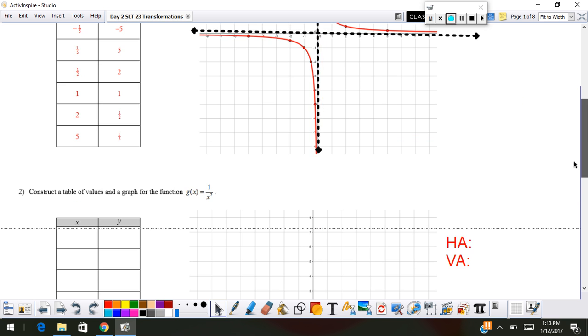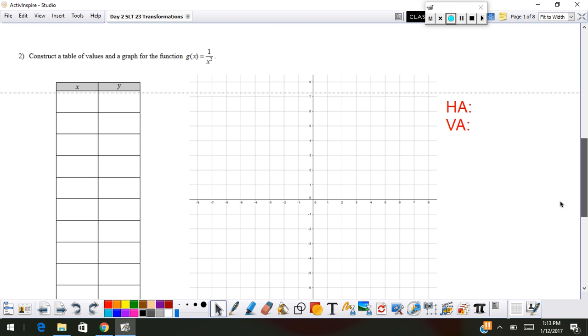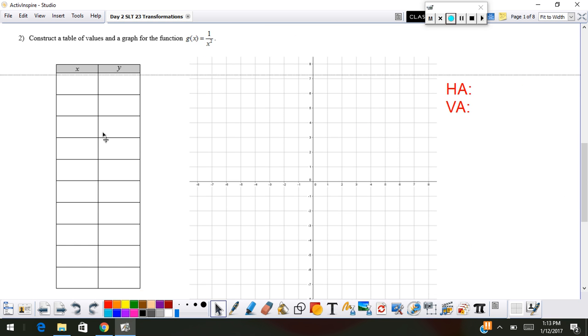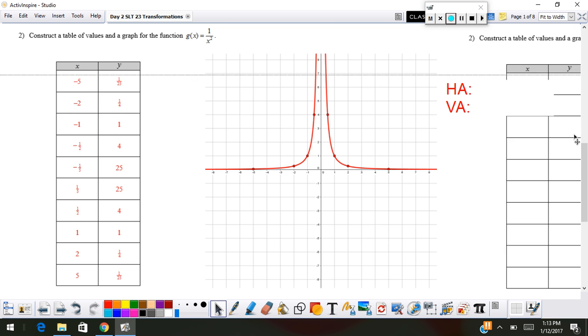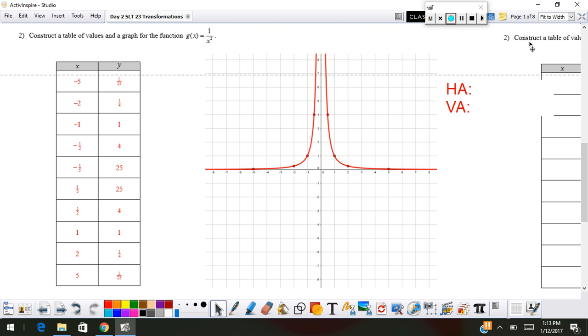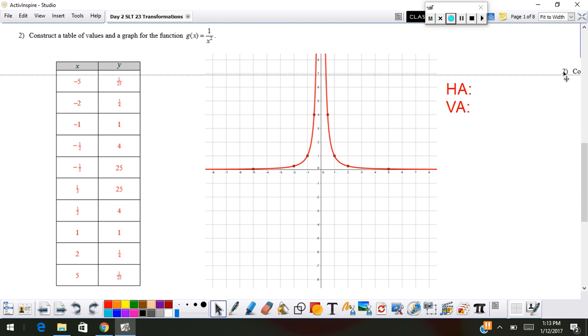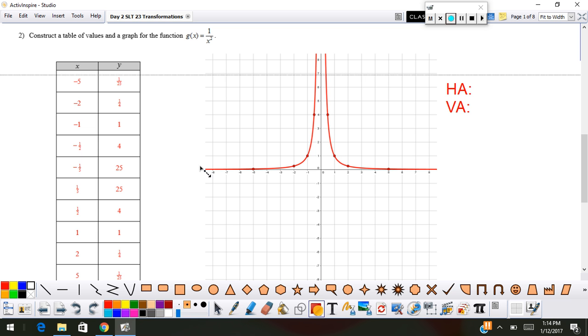On page 8, you were supposed to graph 1 over x squared. And again, hopefully you picked a variety of numbers, and you end up again with two disjoint curves. The difference is on page 8, these curves are symmetrical over the y-axis instead of having odd symmetry. And again, I want you to pay attention to their horizontal and vertical asymptotes.